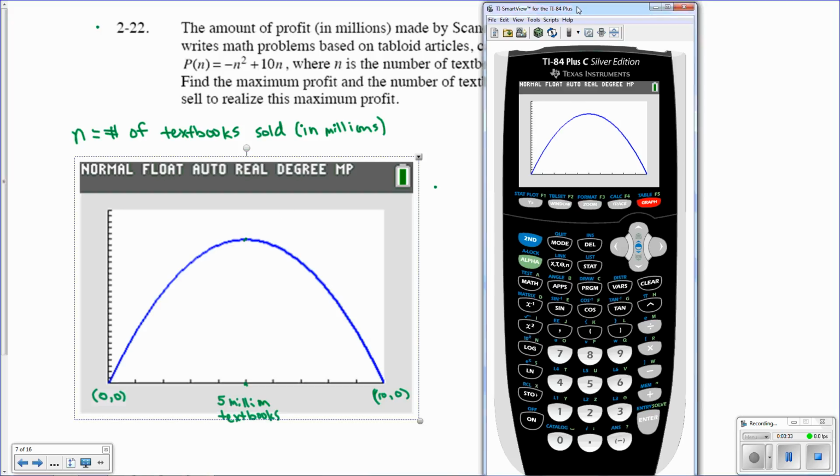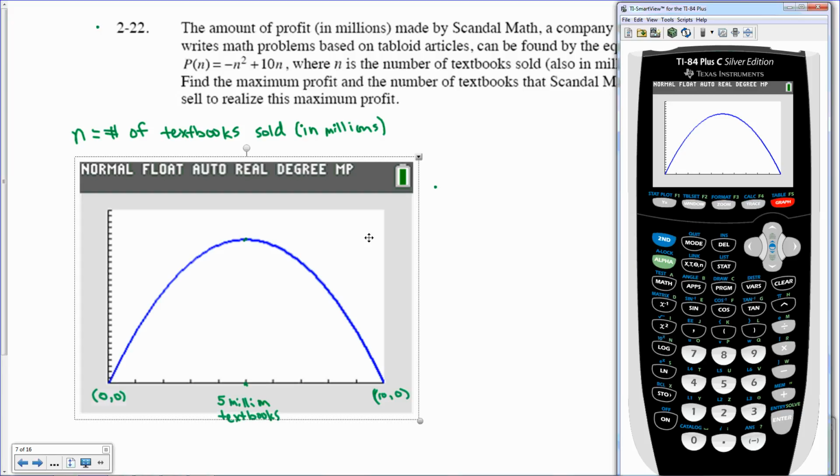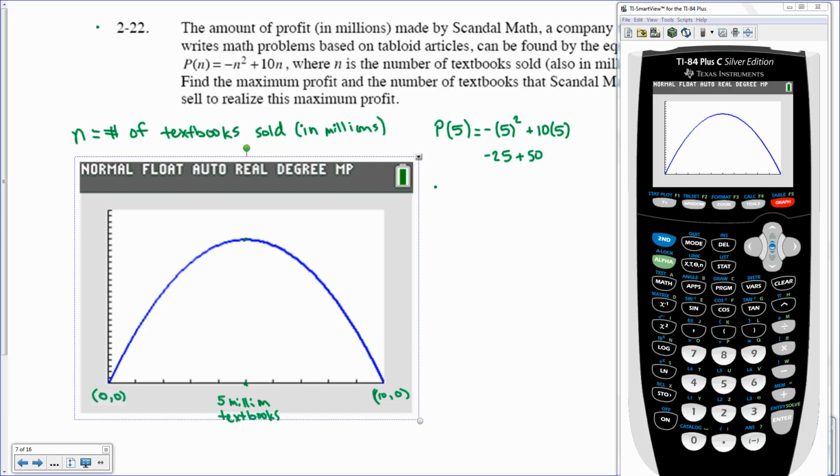There are several approaches you can take. First of all, you could take 5 and plug it into your function and see what the output is. That'll only take a second. So P of 5 should equal the opposite of 5 squared plus 10 times 5. Well, this is going to be negative 25 plus 50, which gives us 25.